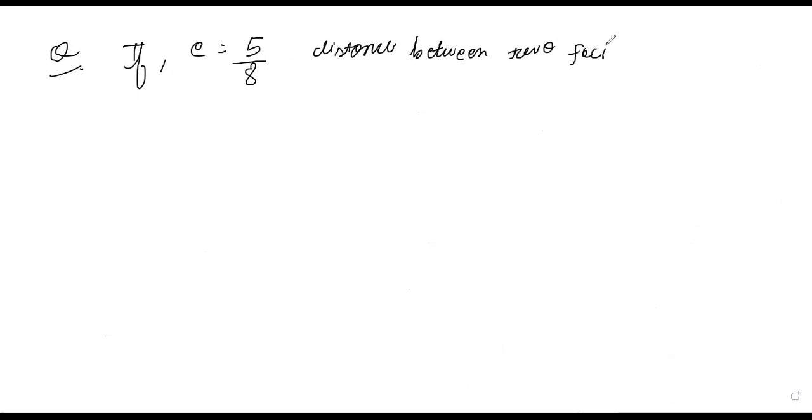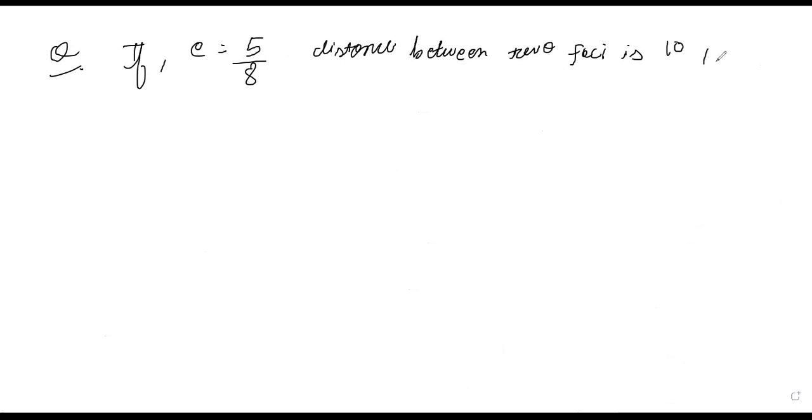Now there is a question. We are given that E equals 5 by 8. E is what? Eccentricity. And the distance between two foci is 10.